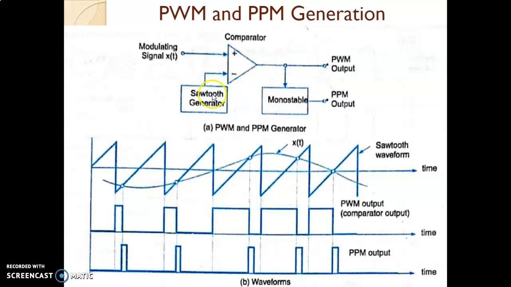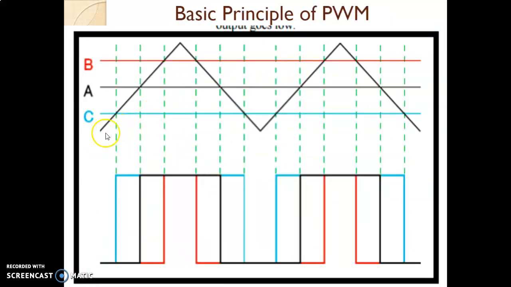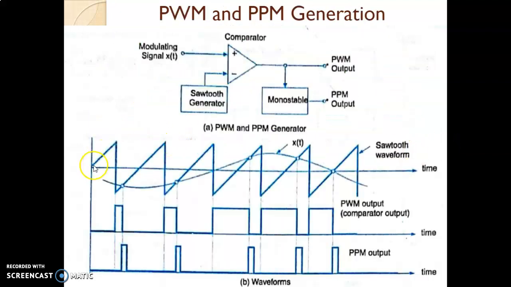This comparison is done similar to the previous one, where we superimposed the two waveforms. Similarly here also, first the sawtooth waveform is drawn, then the modulating signal is drawn onto it. Now you can see the modulating signal is given to the non-inverting terminal and the sawtooth is given to the inverting terminal.